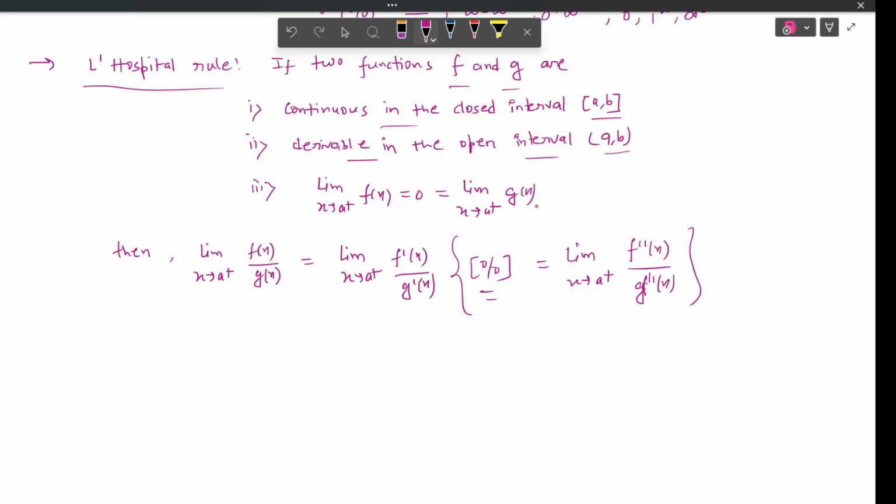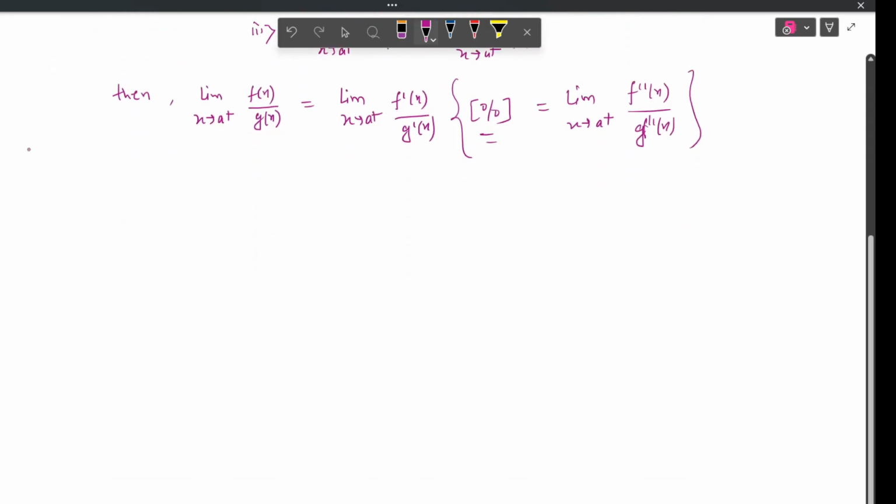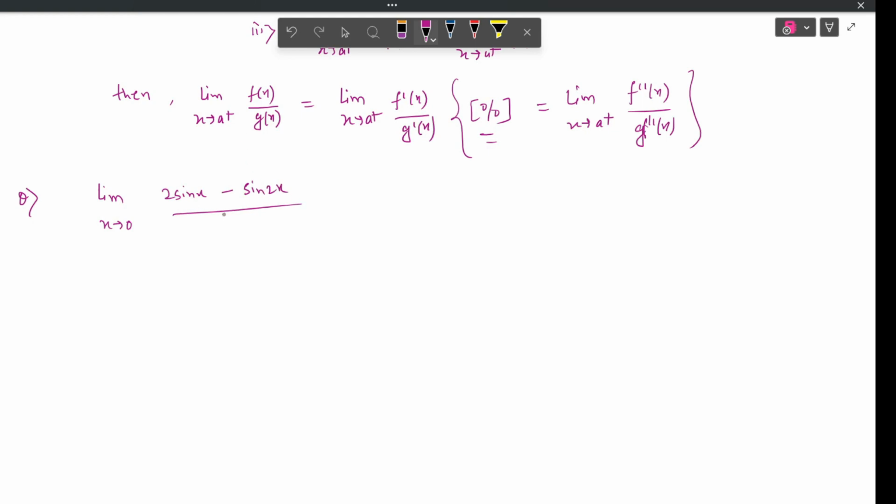Let us see one question regarding this. We have to evaluate the limit as x tends to 0 of sin x minus sin 2x by x cube.